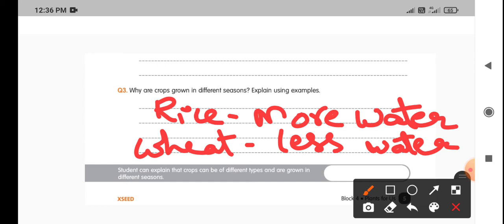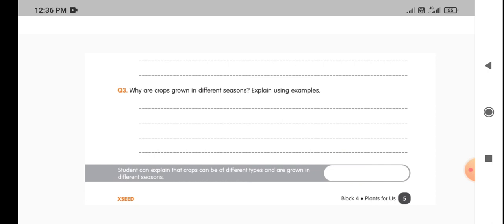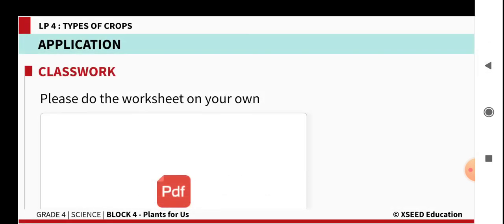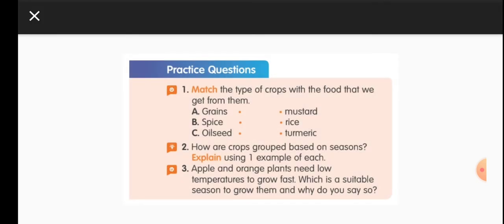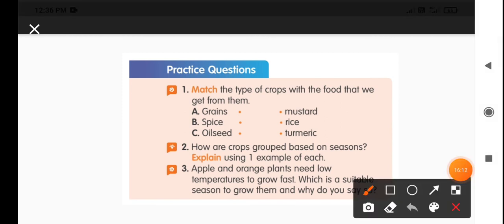Understood, children? Now we will see the workbook questions and practice questions given in this. Come to textbook page number 30, and we can find the answers for practice questions.